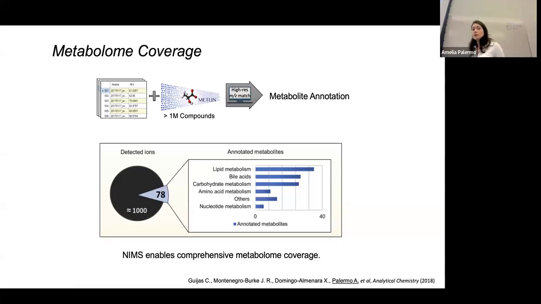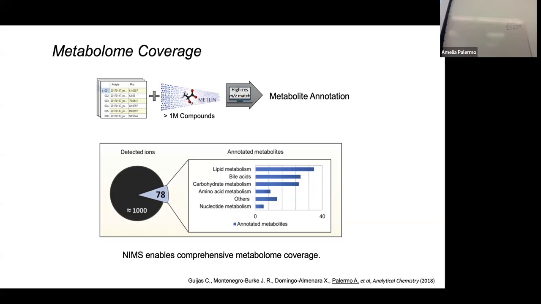With a step resolution of about 5 micrometers, for each point of the image where the laser was performing the ionization and the mass spec detection, we measured about 1,000 metabolic features, not metabolites, right? Those metabolic features we computationally annotated against the Matlin database, and that annotation provided us with about 80 metabolites, which were distributed in this way across metabolic pathways.